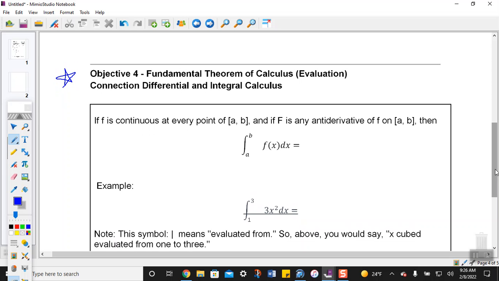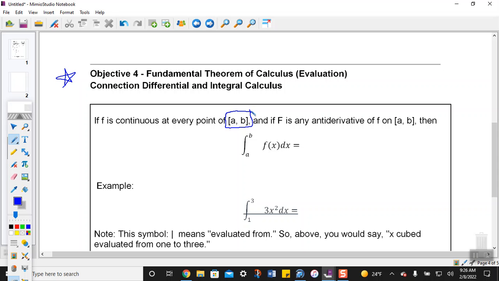Okay? Fundamental theorem of calculus. Big concept right here. It says if f is continuous at every point of the interval where the lower limit is a and the upper limit is b. So guys, you see this notation right here? That just says we're on a closed interval starting at a and ending at what?